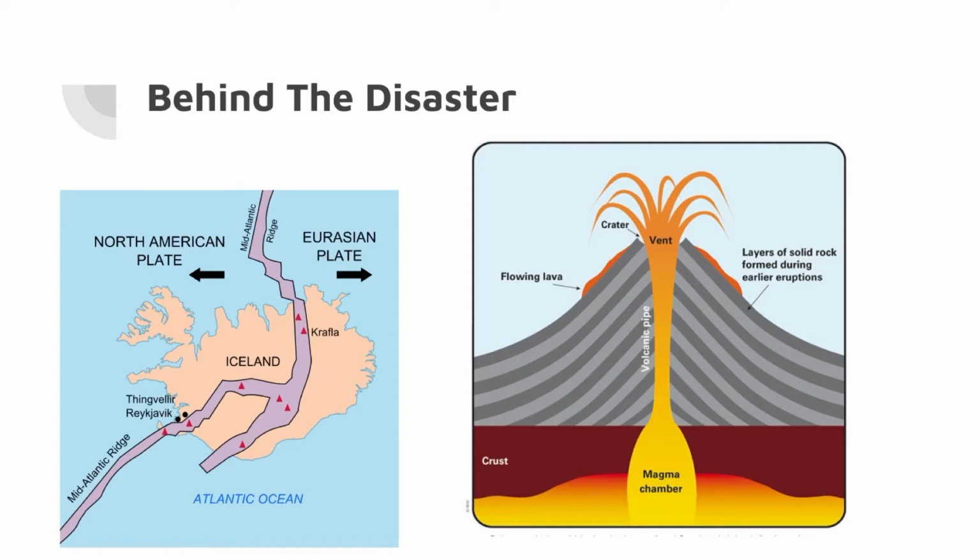So, to go into a little bit of what caused this disaster, like I said before, the volcano is located on a divergent boundary. Iceland is a very active country when it comes to volcanoes.